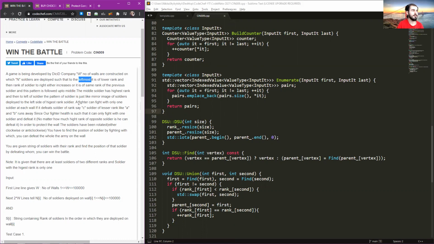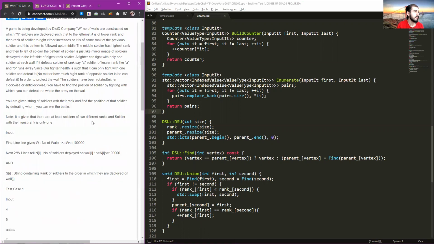It's a very strange way to describe a mountain array, but it's okay. Okay, so we have a rotated mountain array.